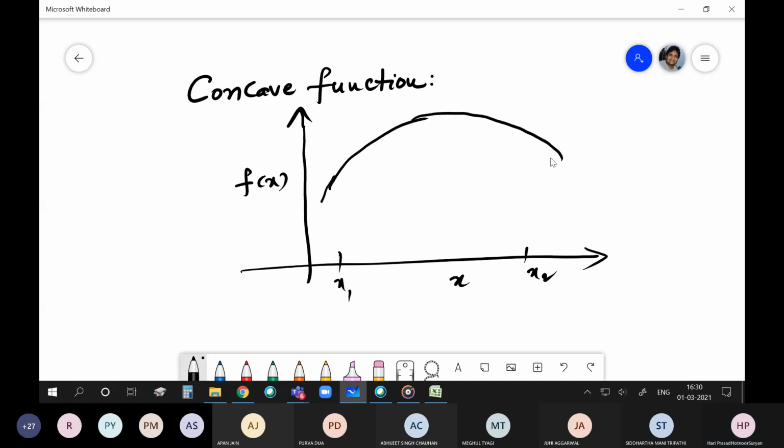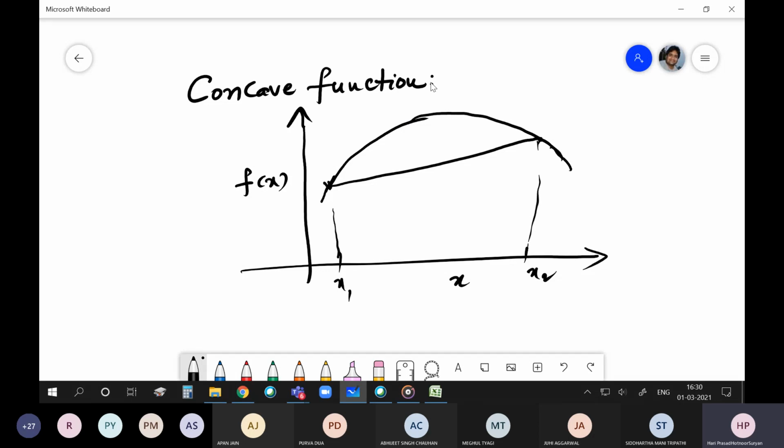If I take any 2 points and join them, if the line joining any 2 arbitrary points in this range lies below the function, such type of functions are called concave functions.